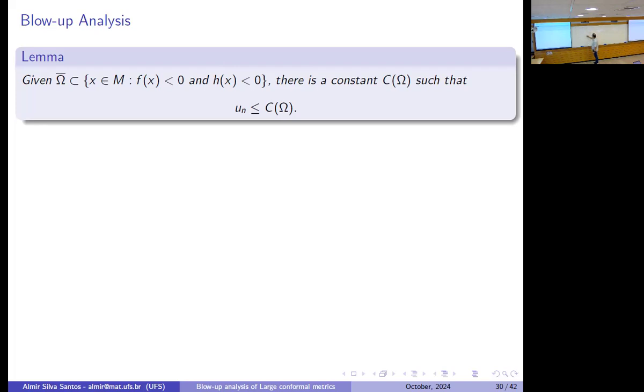Then if you take a compact domain such that it does not have any maximum point of f in it, then in this domain the family of solutions is uniformly bounded from above.